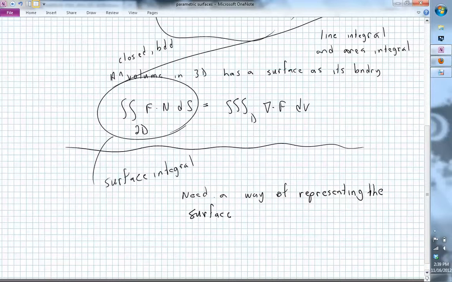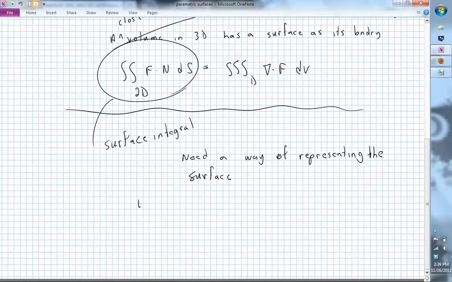Now, we have ways of representing surfaces already. Up till now, we represent a surface as a function, z equals, but this is limited.